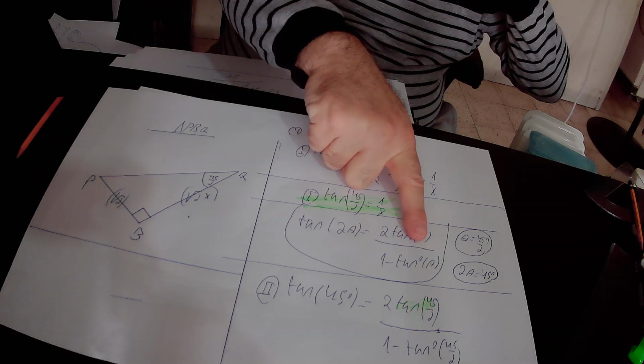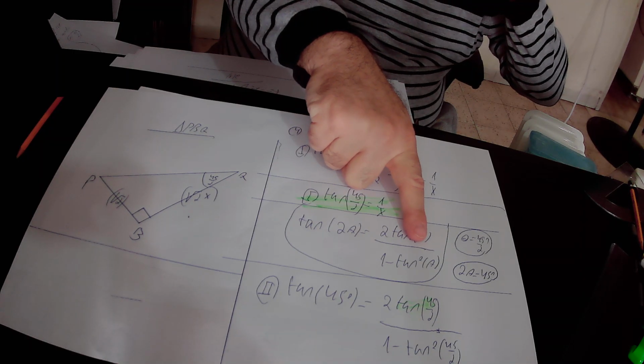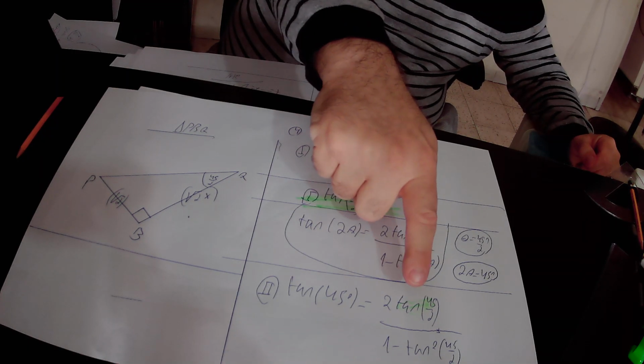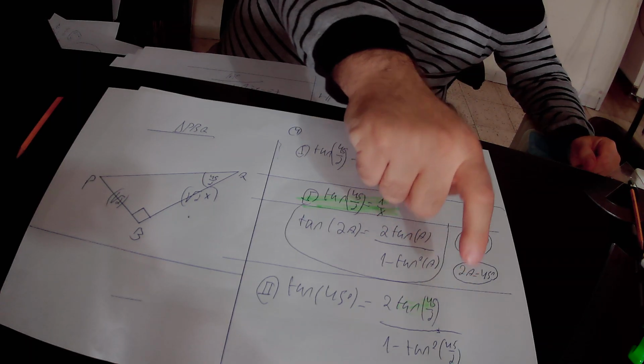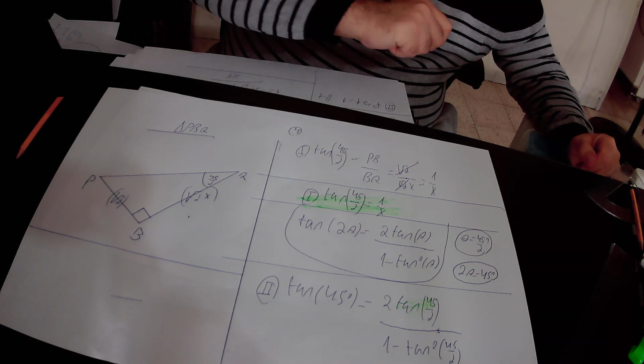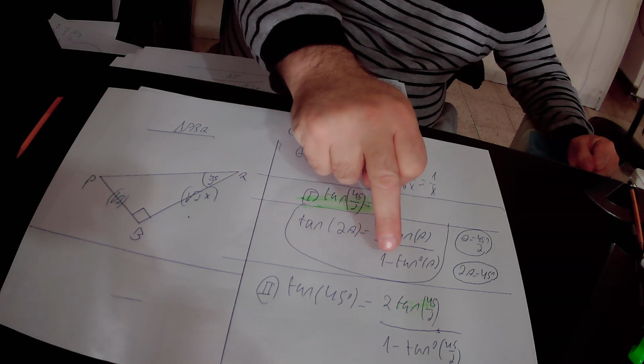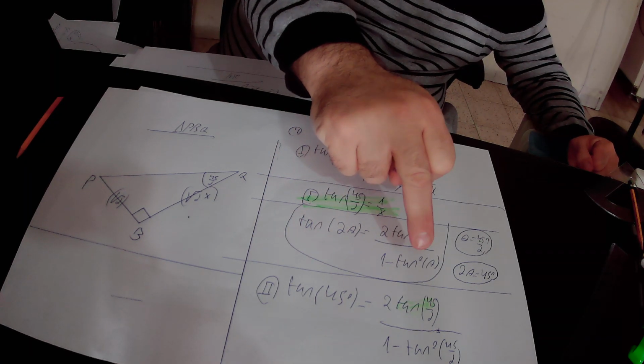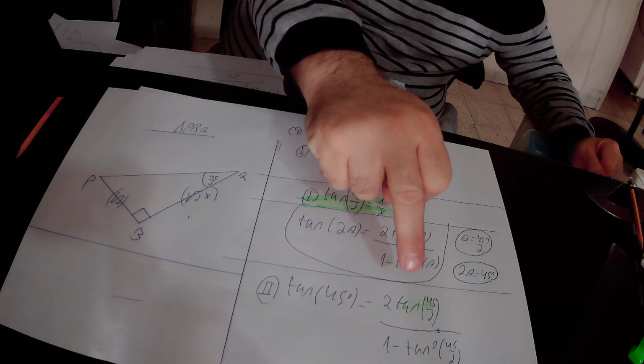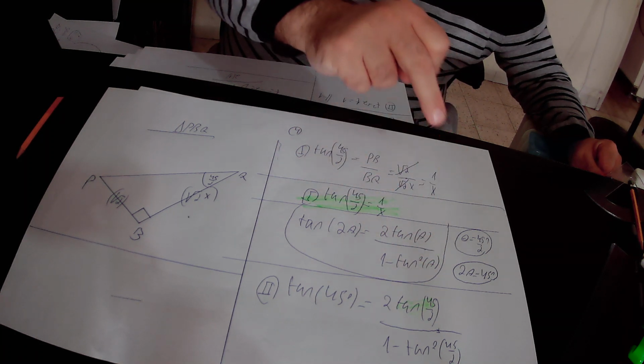And theta is 45 over 2 degrees, so it is 2 times tangent 45 over 2 degrees over 1 minus tangent square 45 over 2 degrees. So in conclusion, according to equation number 2, tangent 45 degrees equals 2 times tangent 45 over 2 degrees over 1 minus tangent square 45 over 2 degrees.